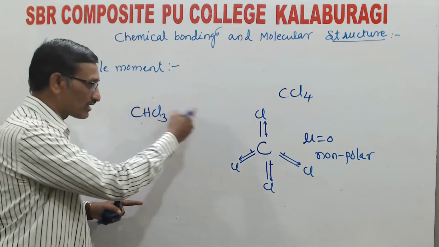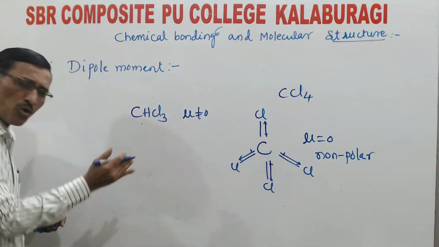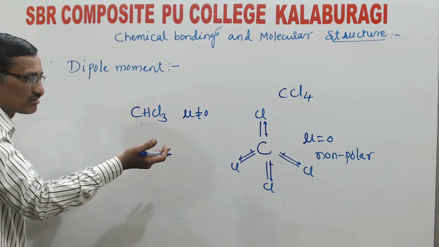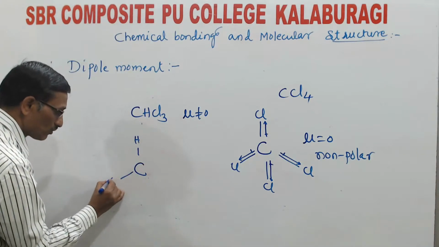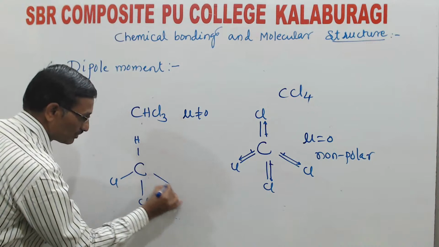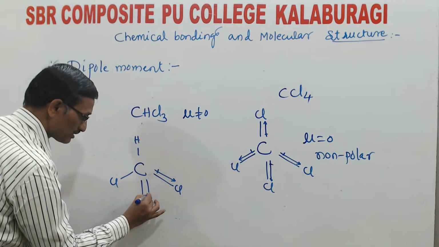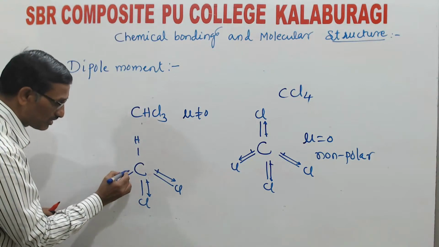Is it equal to 0 or not equal to 0? 100% it is not equal to 0. Why? Let's see here: carbon, hydrogen, and chlorine atoms. Chlorine is more electronegative, so the dipoles point from the positive center towards the negative center.